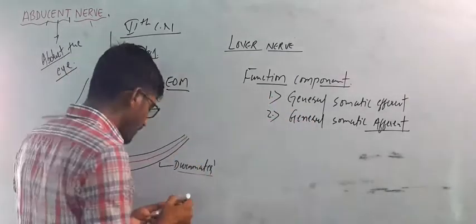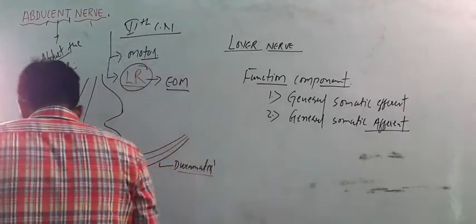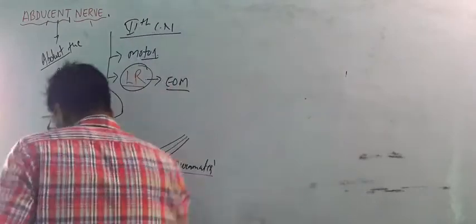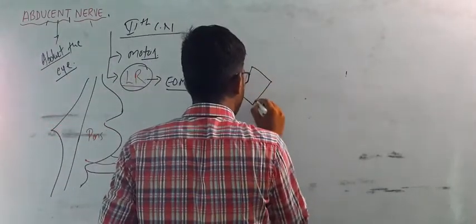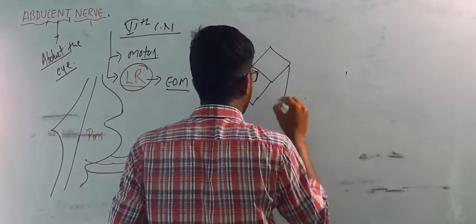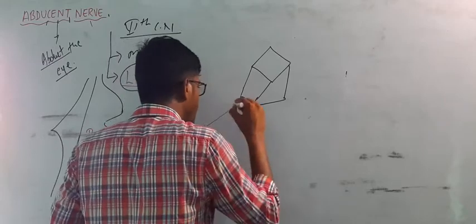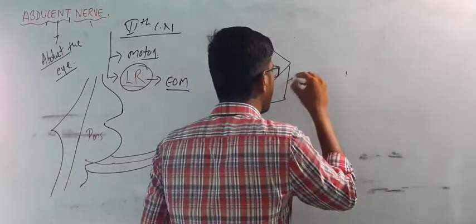The cavernous sinus is somewhat here, like this. It will pierce the cavernous sinus and come out from here.